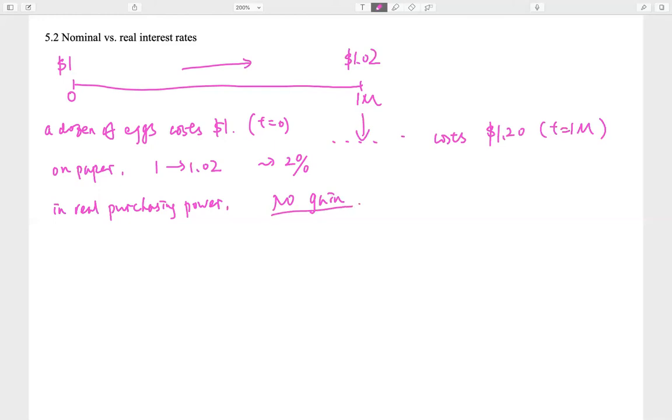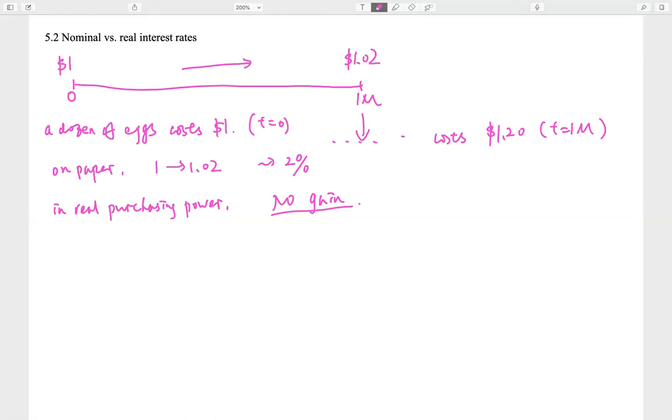This is a very simplified example. In this example, X is the only good for consumption. So I use the price of X to measure my actual purchasing power, right? So at time 0, my purchasing power is actually 12X. But 1 month later, well, it's definitely not 12, right? I will have to do the division.